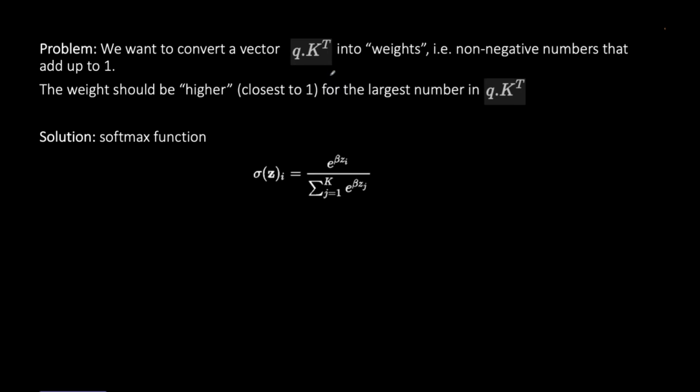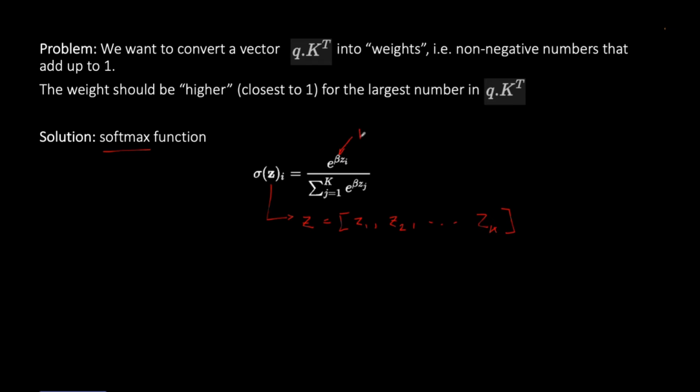And this function is very well known. It's called the softmax function. Basically, what it does is an exponentiation. Let's assume we have a vector, set 1, set 2, etc., up to set n, and beta is a positive number.